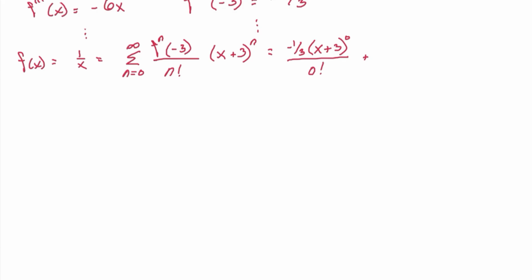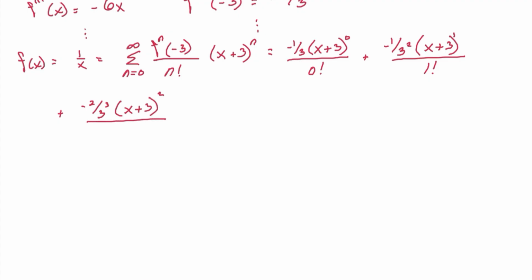Then we get the next nth derivative was negative 1 divided by 3 squared times x plus 3 to the first, all divided by 1 factorial, which is again just 1, plus negative 2 divided by 3 cubed, x plus 3 squared, all divided by 2 factorial.